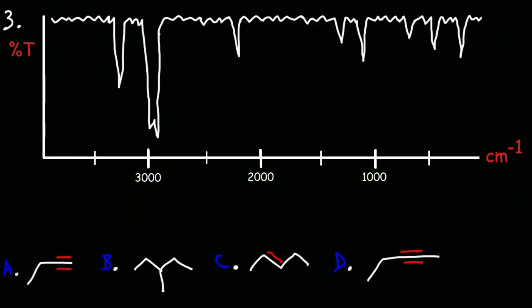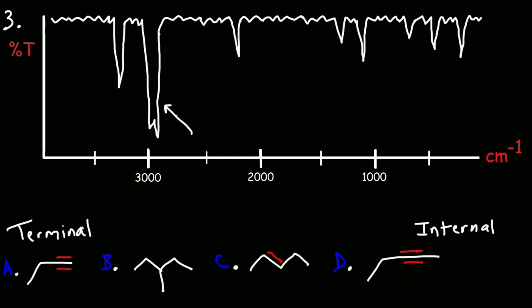Now let's move on to number 3. Identify the molecule that corresponds to this IR spectrum. So what do we see here? Looking at our answer choices, we have either an alkane, or an alkyne. And we have two different types of alkynes. We have a terminal alkyne, where the triple bond is at the end of the molecule, and we have an internal alkyne.